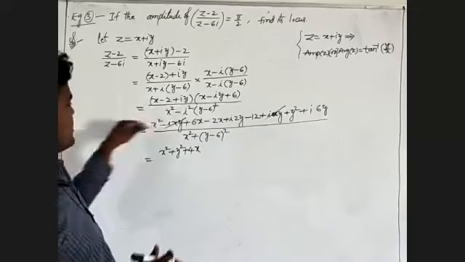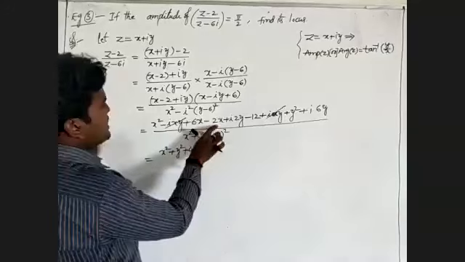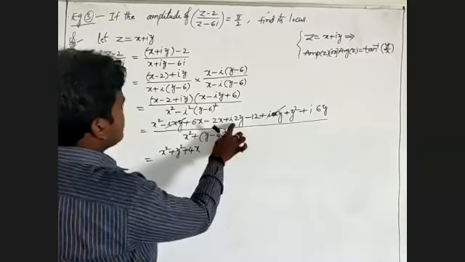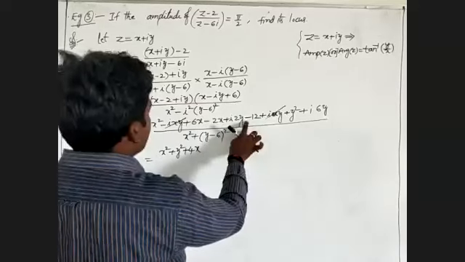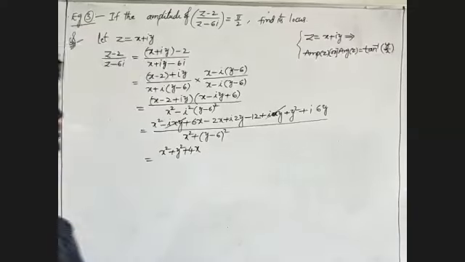X square minus ixy plus 6x, after that minus 2x, plus i into 2y, minus 12i, plus ixy plus y square plus i into 6y.